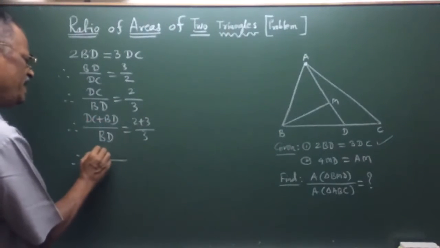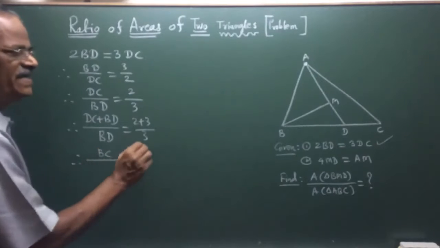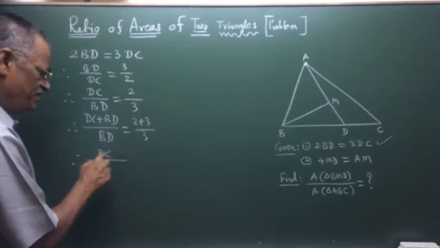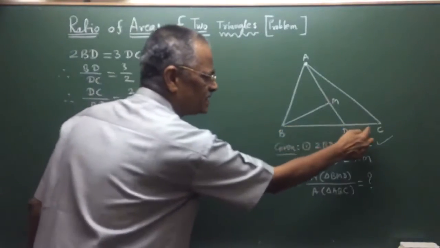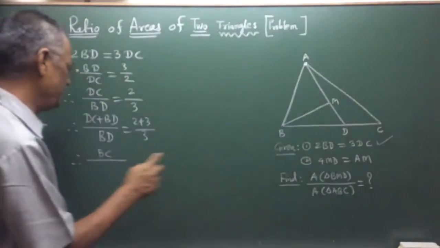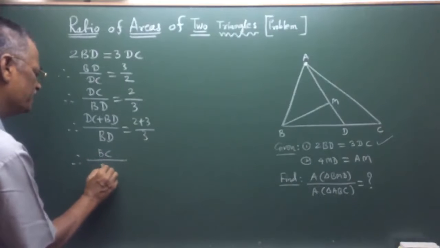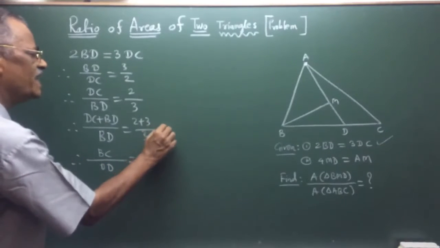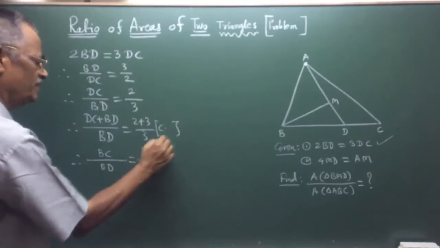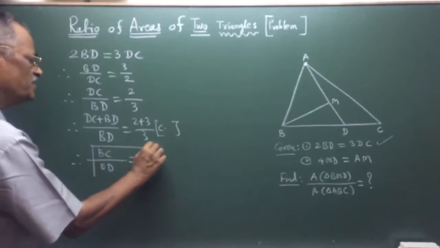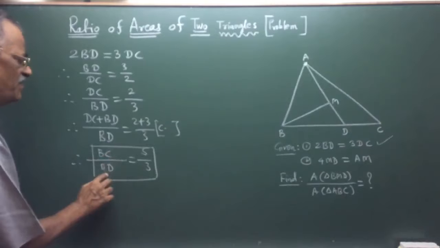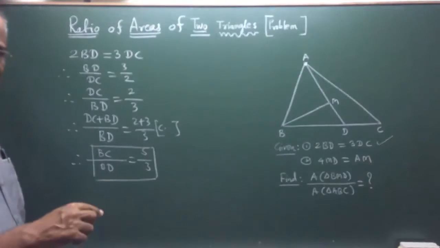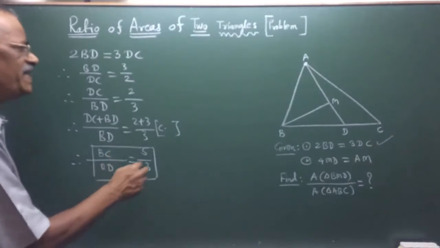So BC upon BD is equal to 5 upon 3. This is by componendo, and we find the ratio BC upon BD.